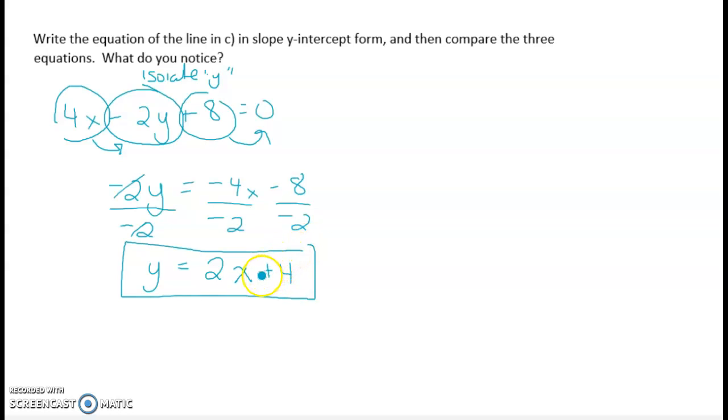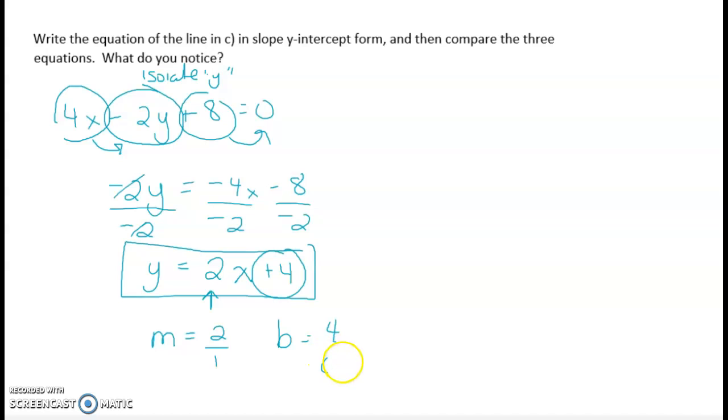So if I look here, it ends up being y equals 2x plus 4. So my slope is positive 2, which is the 2 over 1. Okay? And my b, which is my y-intercept, is plus 4.